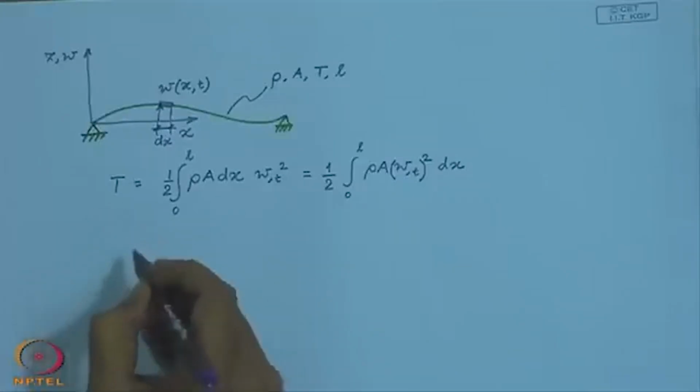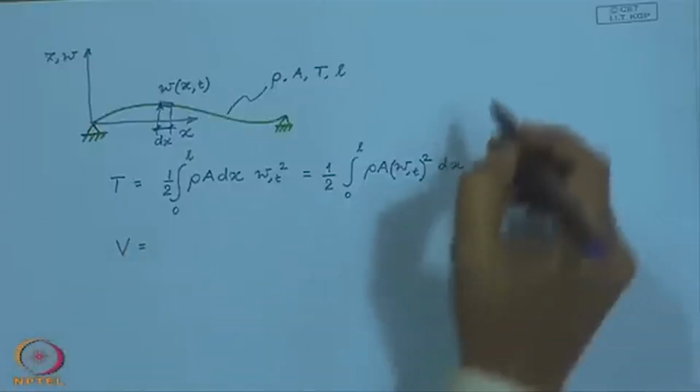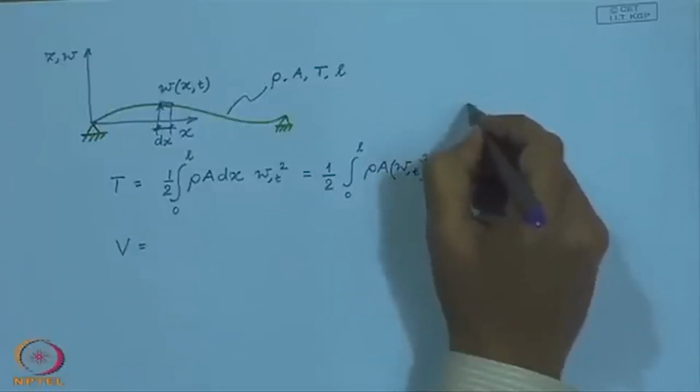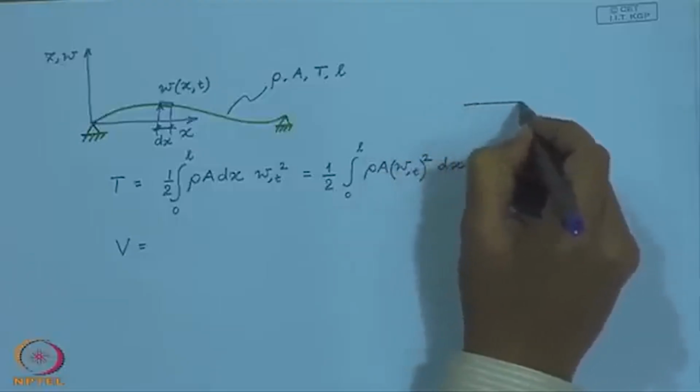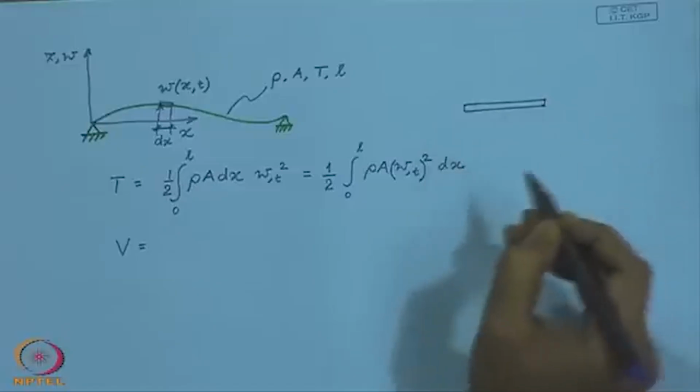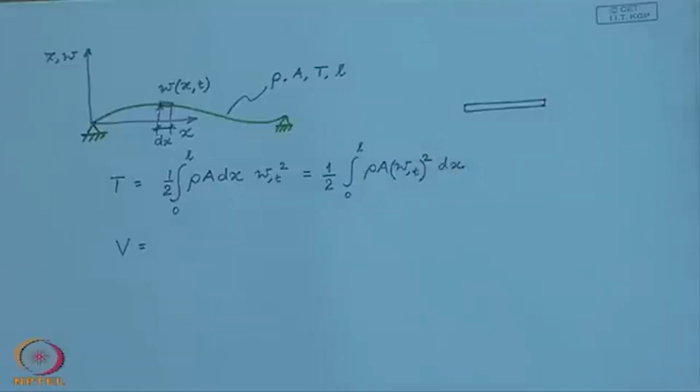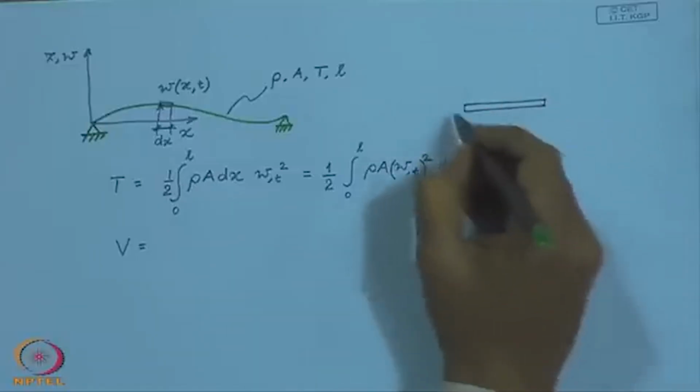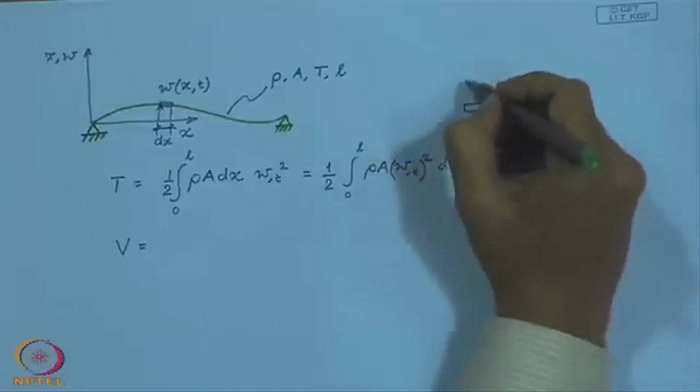Now, we have to write the potential energy. To write the potential energy, let us look at an infinitesimal portion of the string as it goes. So, this is the equilibrium configuration.